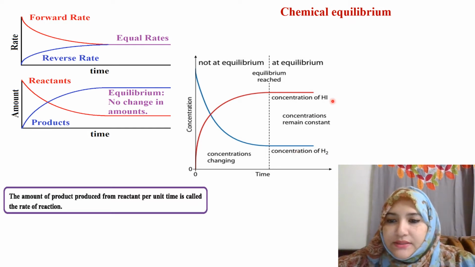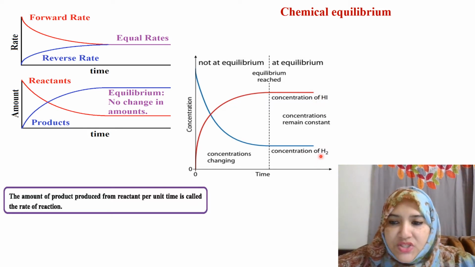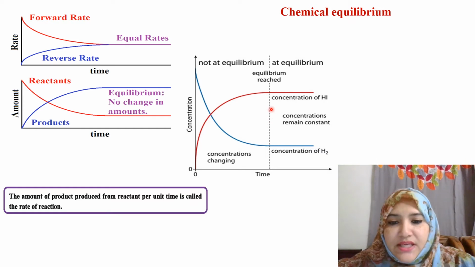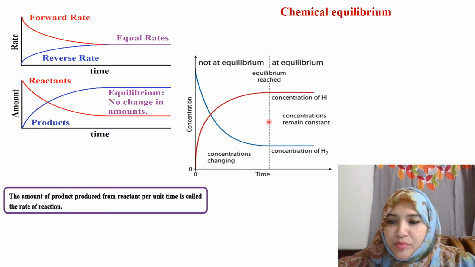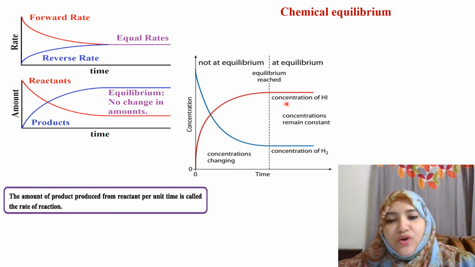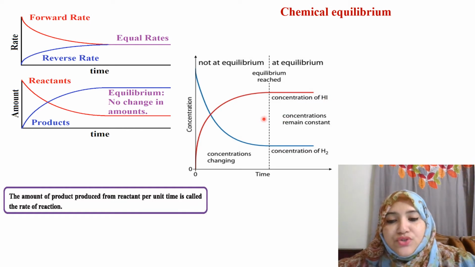The concentrations of hydrogen, iodine and hydrogen iodide remain constant after that time, and the reaction of hydrogen and iodine to produce hydrogen iodide is occurring at the same rate as the decomposition of hydrogen iodide into hydrogen and iodine.